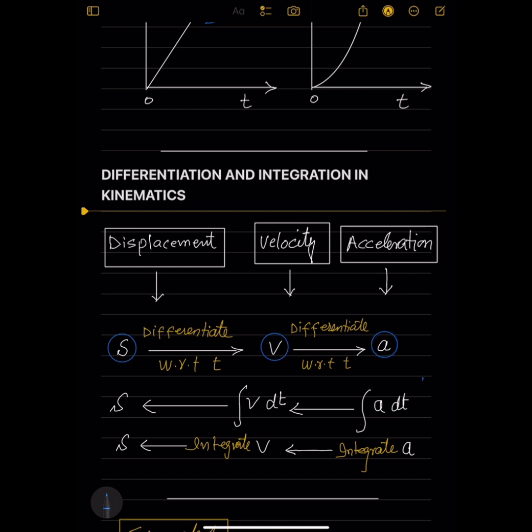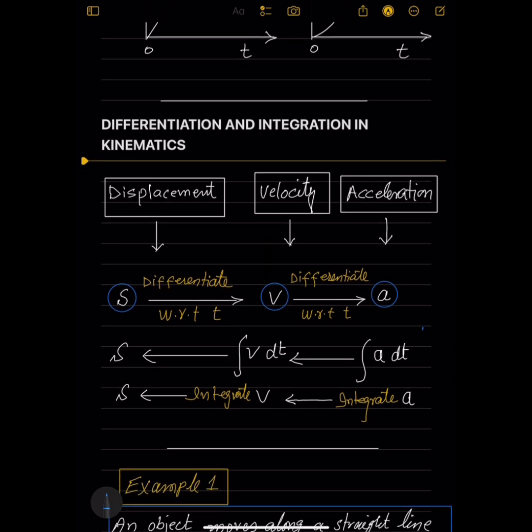If we differentiate displacement S with respect to t, we will get velocity. Then if we differentiate velocity with respect to t, we will get acceleration. Since differentiation and integration are reverse processes, if we integrate acceleration with respect to time, we will get velocity.